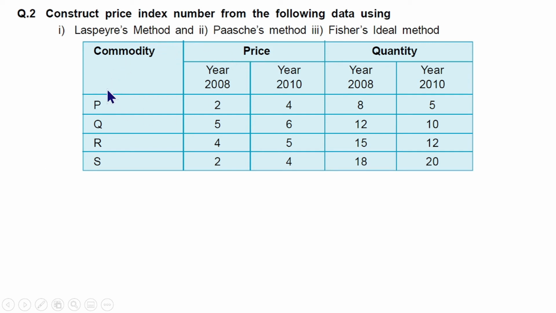Here we have the commodities P, Q, R, S, with the prices for the year 2008 and for the year 2010. We have to find the index for 2010 using 2008 as the base year. Then we have the quantities for 2008 and 2010. So we have to find the price index using each of these methods.